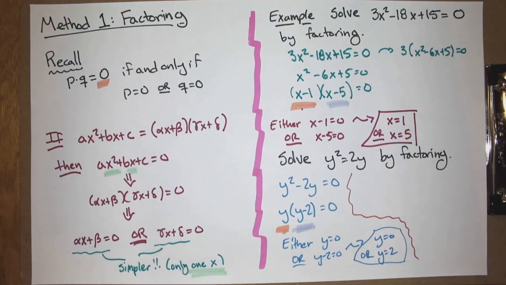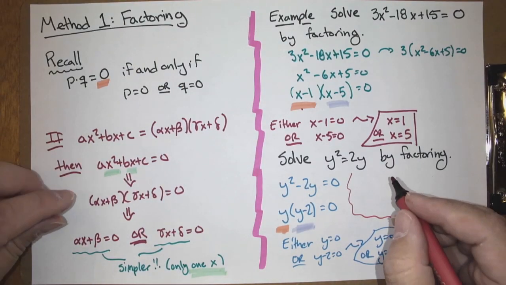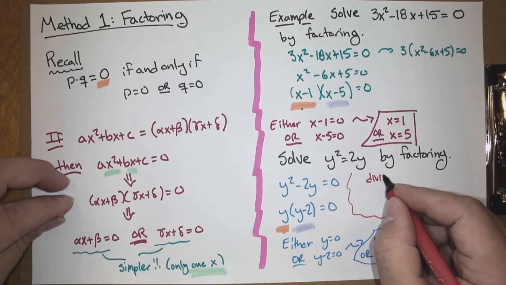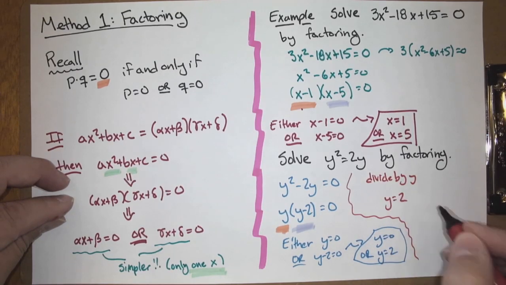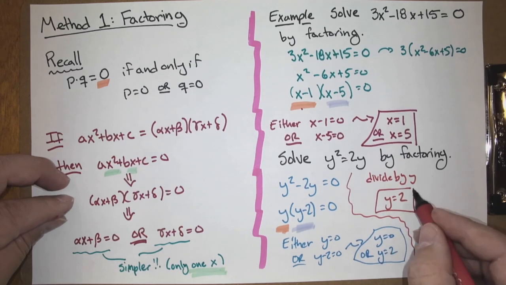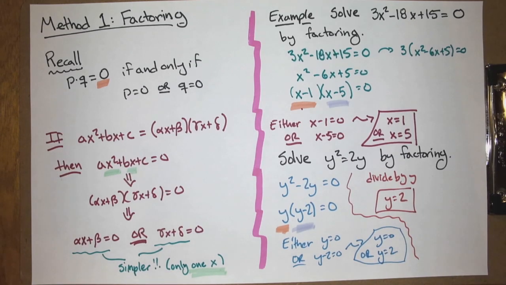Since everything has a factor of y, why don't we divide by y? And we get y equals 2. And we say, aha, that's the answer. Because we divided and it reduced down to an equation, and y equals 2, life is good. I've seen people do that.